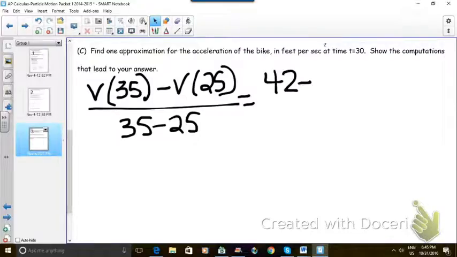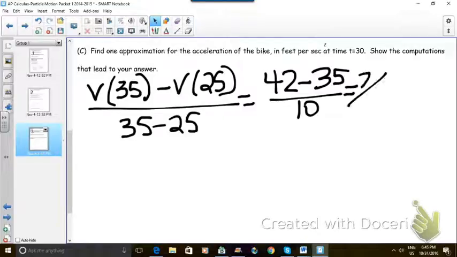Look them up on the information that you're given. So 42 minus 35 over 10 equals 7 over 10 feet per second squared.